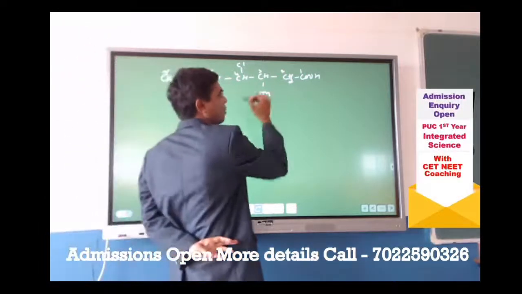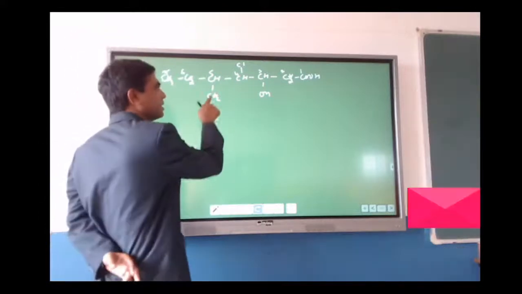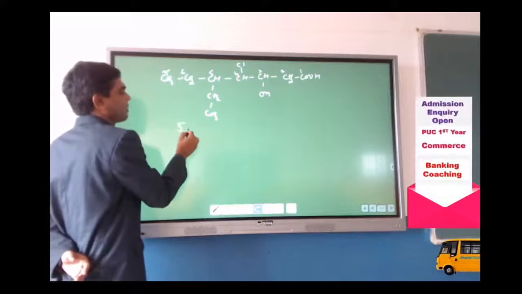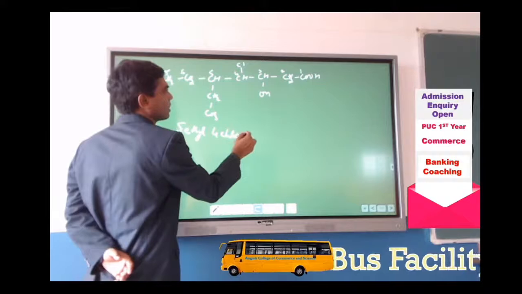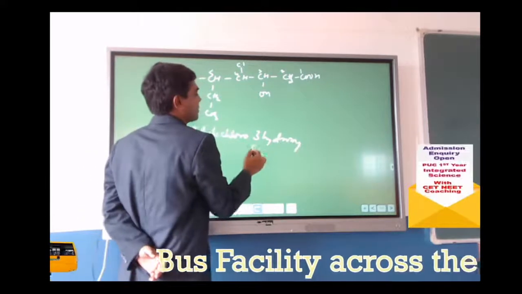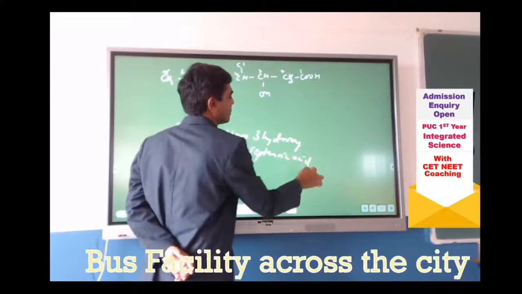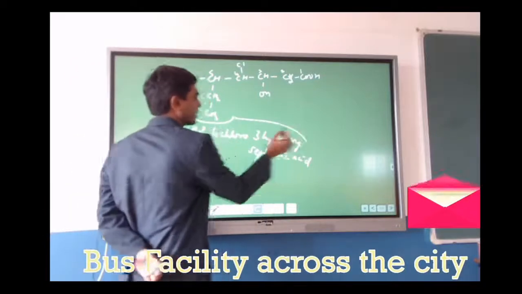For the alcohol, the suffix is ol, but the prefix is hydroxy. And ethyl, ethyl only. So what is the name of this compound? 5-ethyl, 4-chloro, 3-hydroxyheptanoic acid. This is the name of this compound. And one thing again you have to remember, under the rule: here 3 groups are there.